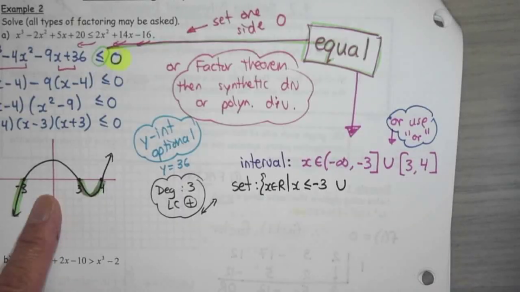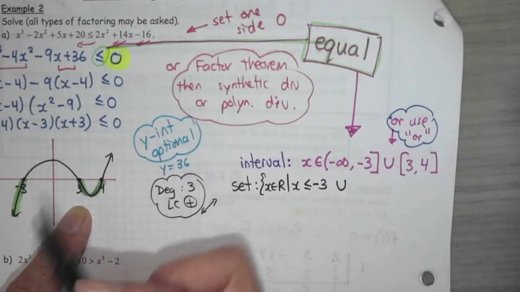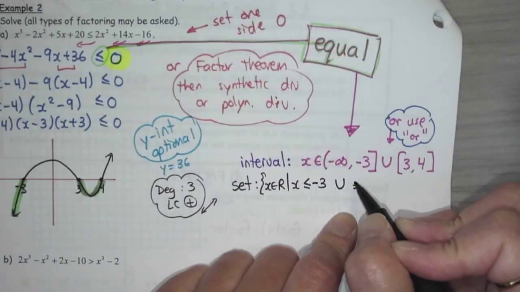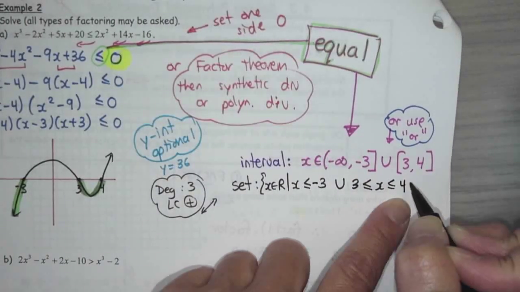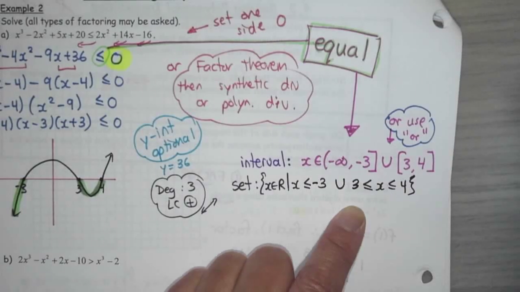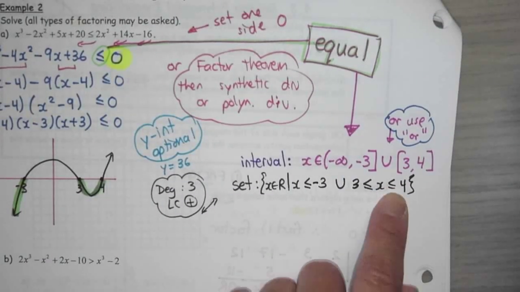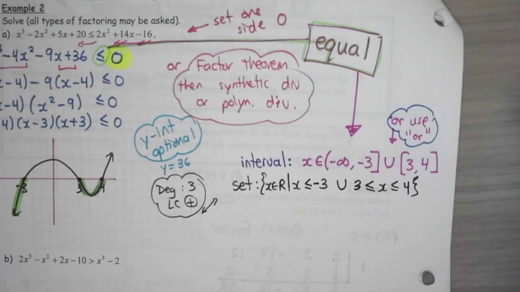We never use the word and, because if we say between 3 and 4, I would just put it between 3 and 4. That is x is greater than or equal to 3 and less than or equal to 4. That is my and, but I'm not going to use the word and.